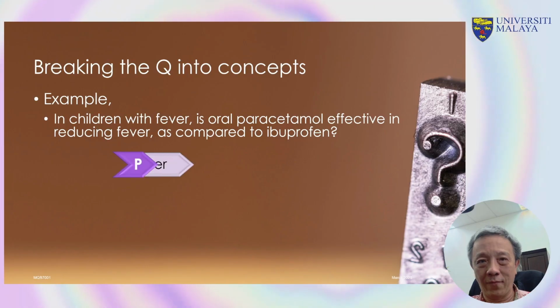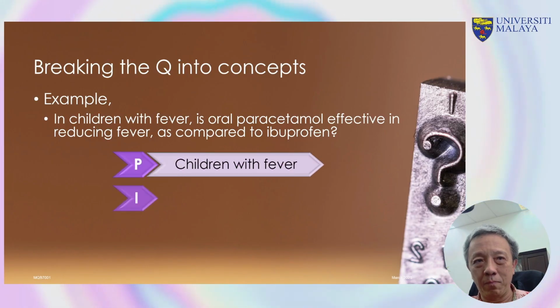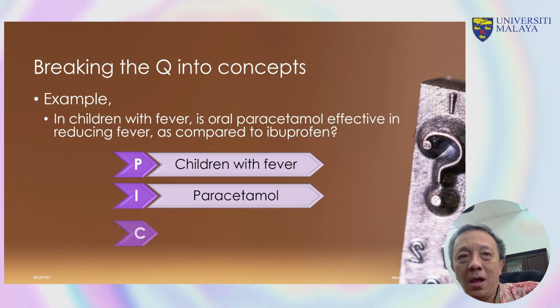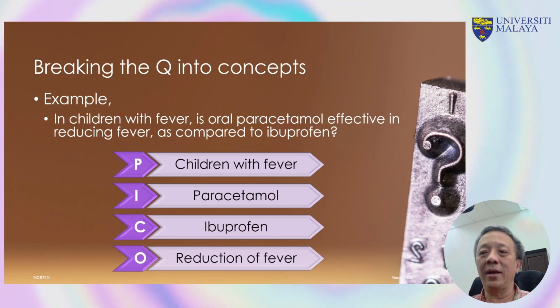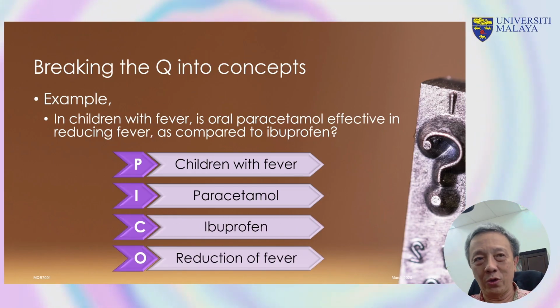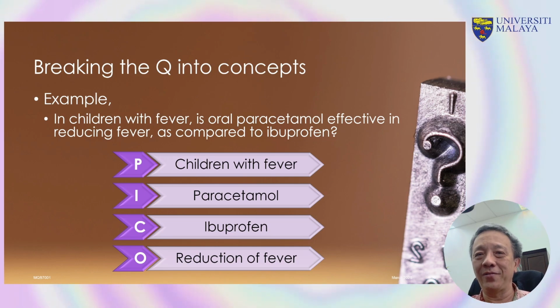All right. So of course it's simple. P is population, I is intervention, C is comparison, and O is outcome. So it's children with fever, paracetamol, ibuprofen, and reduction of fever.